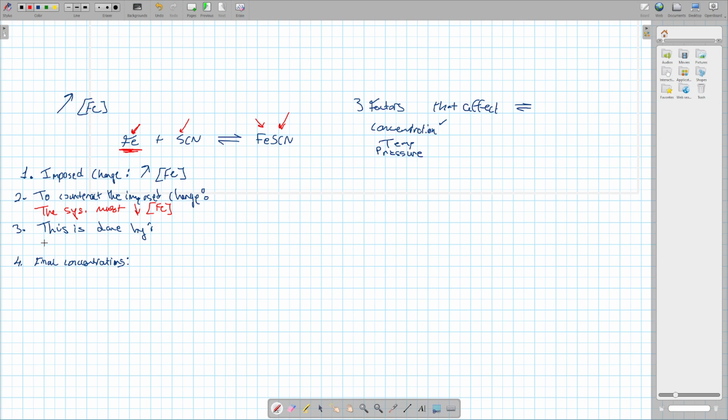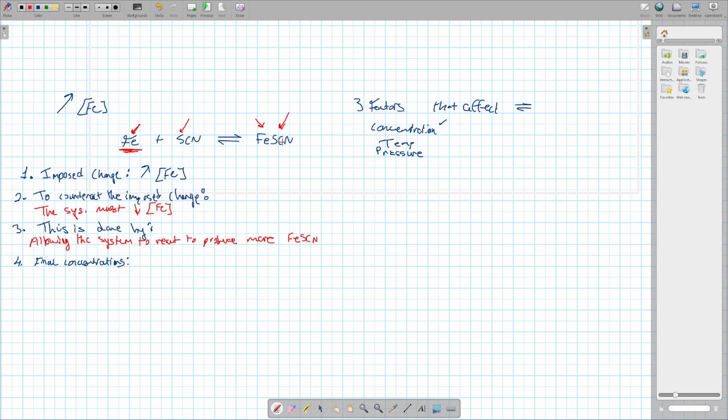So this is done by allowing the system to react, right? We want them to react to produce more FeSCN, right?